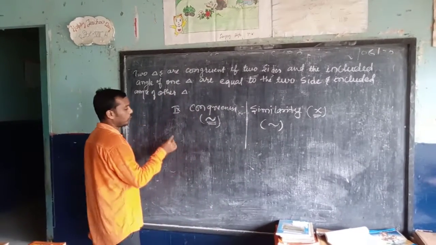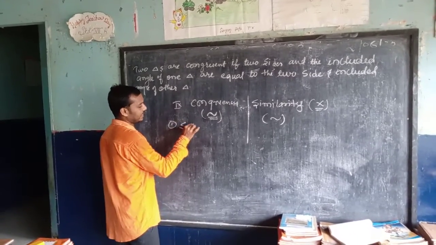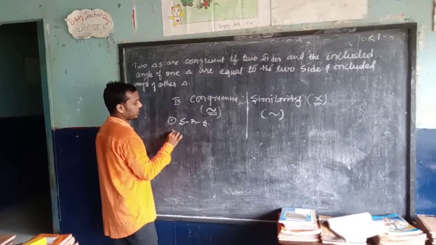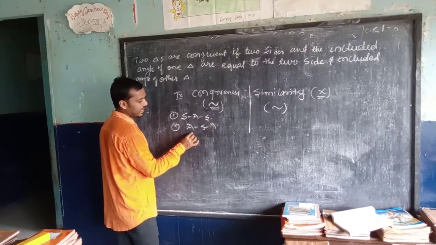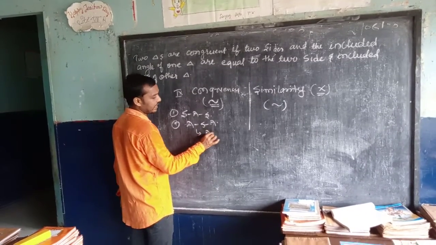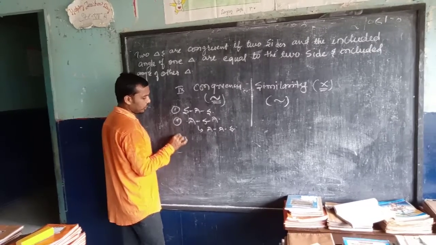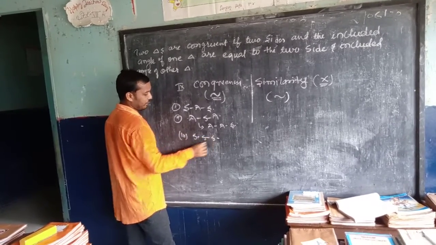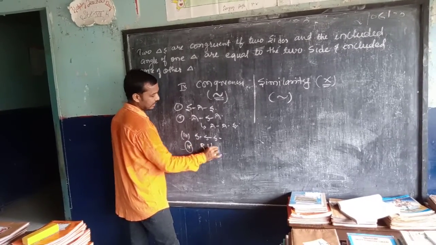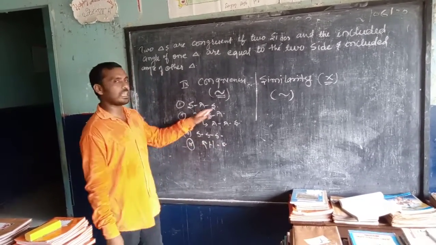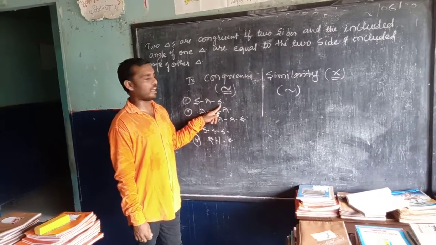Okay. So for congruency we are given four theorems. They are namely written as SAS. Second one is written as ASA. A corollary is derived from the ASA itself, that is AAS. Third one is SSS, and fourth one, students, is RHS. S stands for side, A stands for angle, and again S stands for side.